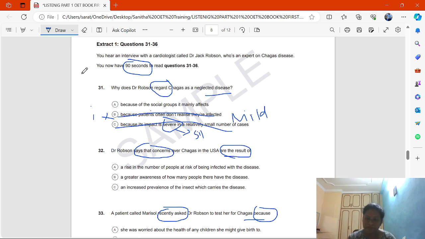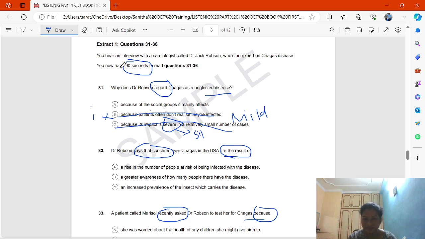Okay, I will repeat the audio once more. Try to eliminate. If there is any information you hear in the audio that is almost the same, you have to eliminate it. And if some options match 80% and 20% do not match, that option also you have to eliminate.